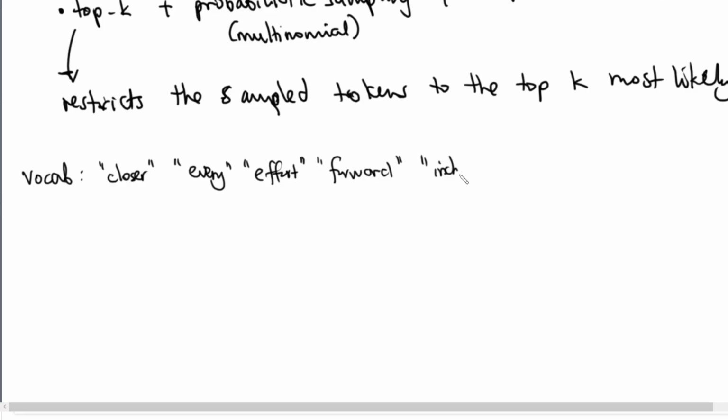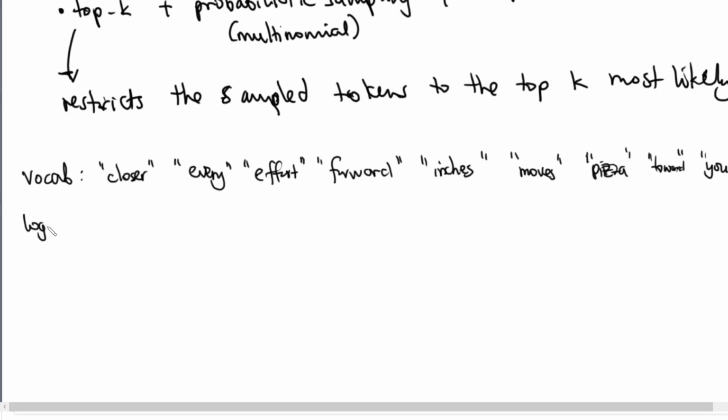Forward, inches, moves, and then pizza. Yeah, I'm running out of space. Toward, just imagine this is toward, and then the last one will be you. So that's our vocabulary here.